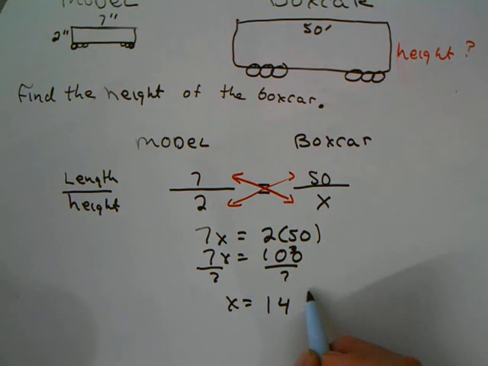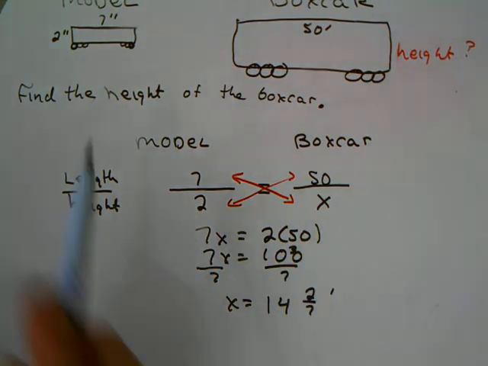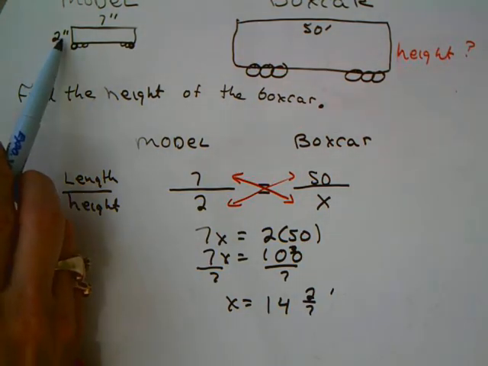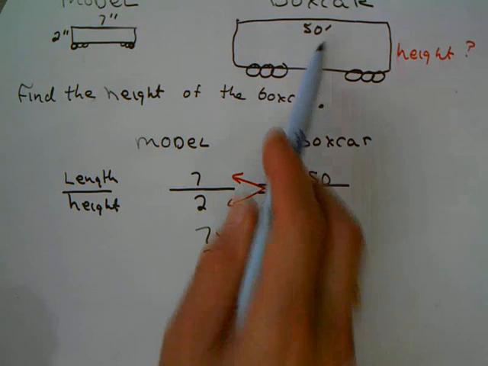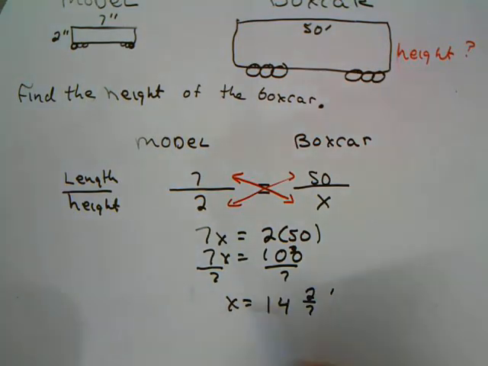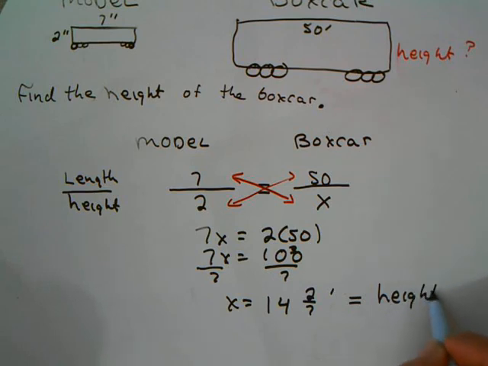And there's 2 left over, so 14 and 2/7 of a foot. Of a foot, not an inch. So when you've got 2 hash marks like this, that means inches. When there's 1, it means feet. So we know that this equals the height of the boxcar.